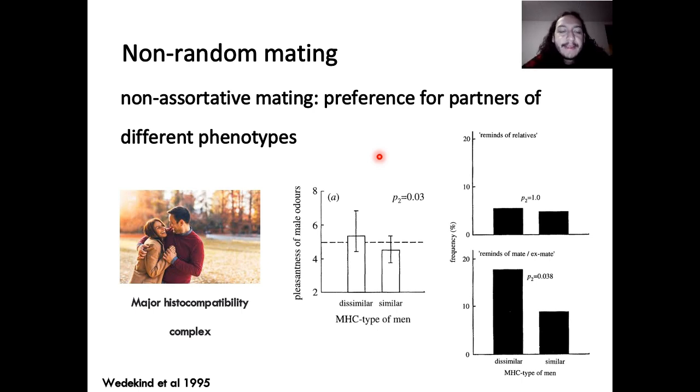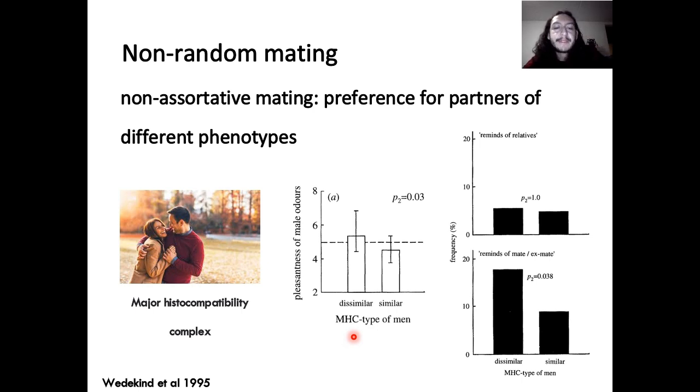So this is actually a really cool study that they did in humans, where they tried to genotype the genes of the MHC complex, the major histocompatibility complex, which is a complex of proteins that basically has immune functions.